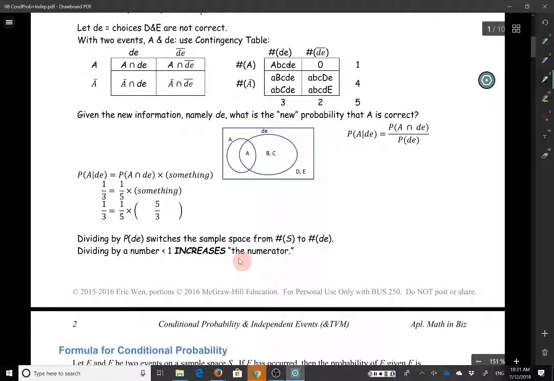So this is the basic formula for the conditional probability, right? And what's the structure of that? How could you remember that? Why is that?